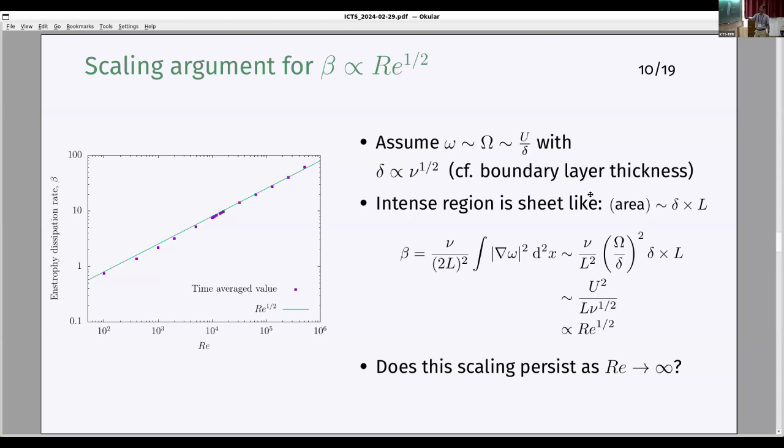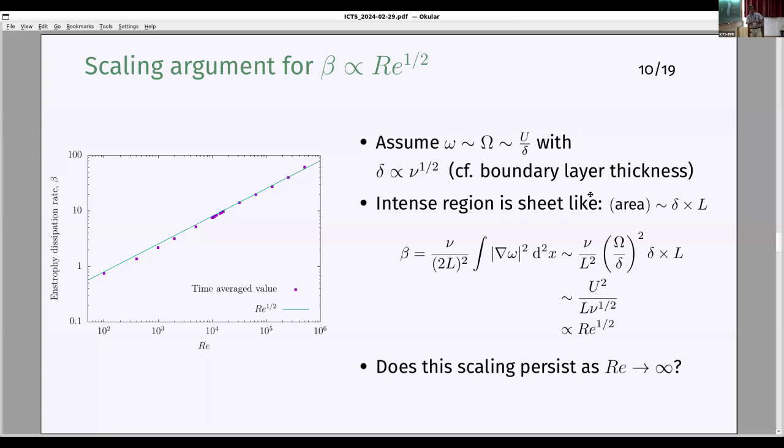Here's an assumption, and it's taken from the textbook. We know the boundary layer thickness goes like kinematic viscosity to the power 1/2. So we plug this expression into the entropy dissipation rate. The gradient of omega is just capital Omega divided by delta squared. Now we assume the dominant vortical structure here is sheet-like.